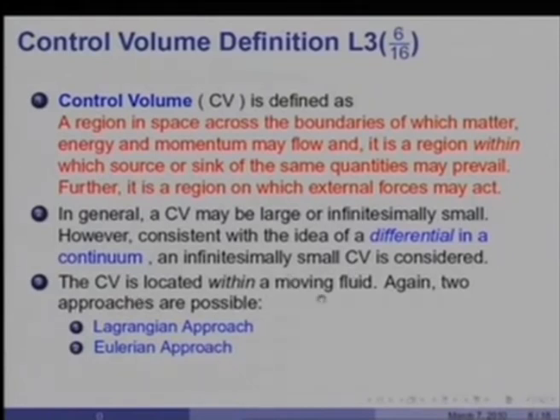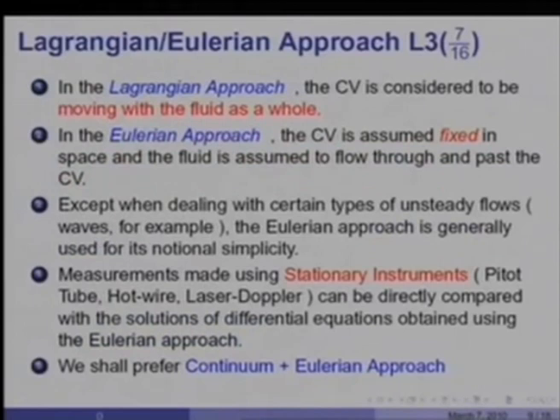The CV is located within the moving fluid. Again, there are two approaches. The first of them is called the Lagrangian approach, and the second one is called the Eulerian approach. In the Lagrangian approach, the CV is considered to be moving with the fluid as a whole. In the Eulerian approach, on the other hand, if I have a moving fluid, the element that I consider is fixed in space.